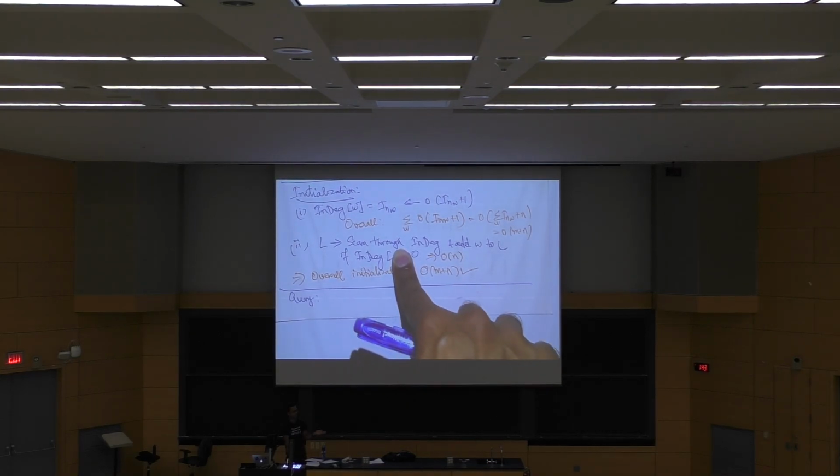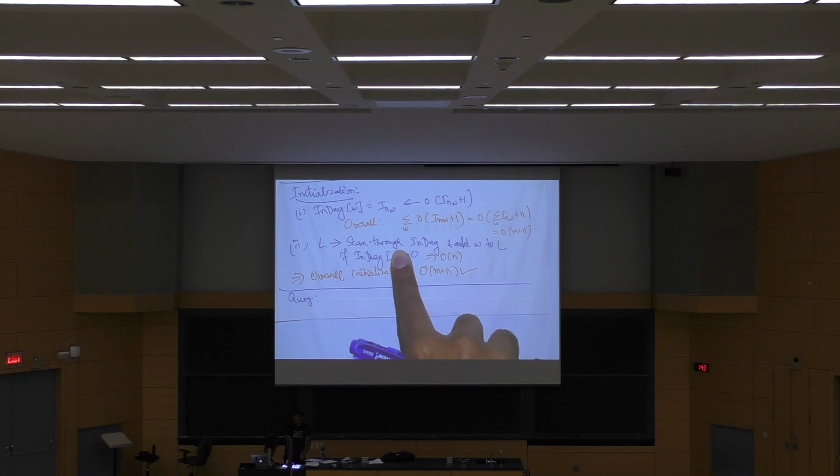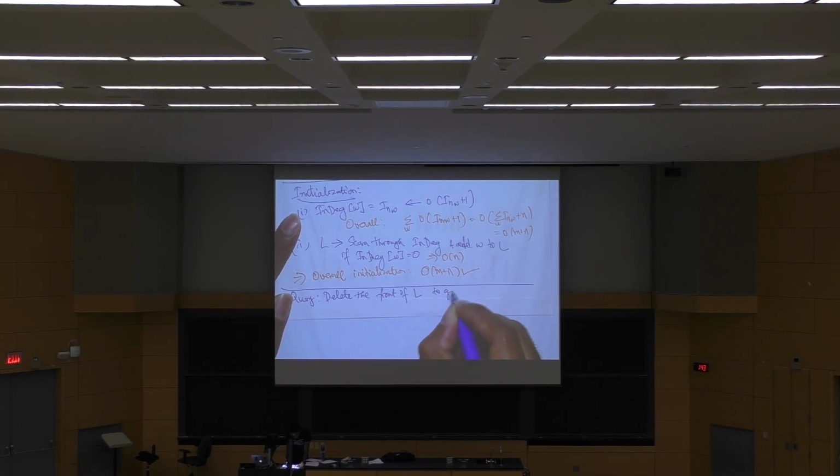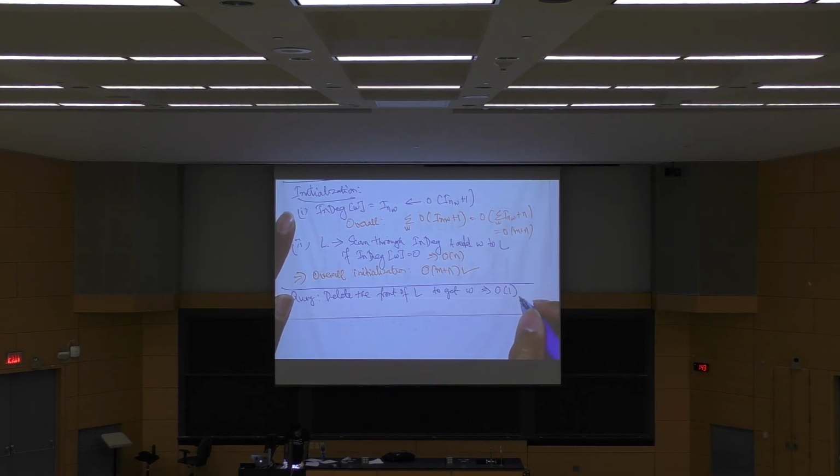Any of those guys are okay, because they're all of in degree 0. So let's say we delete the front of L to get W, and so this is order 1 for vertex W.